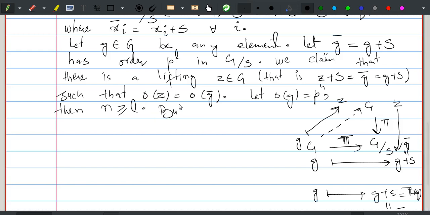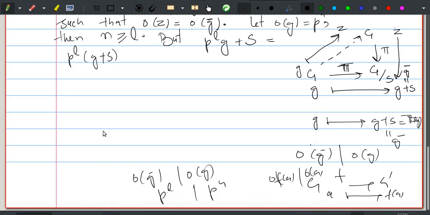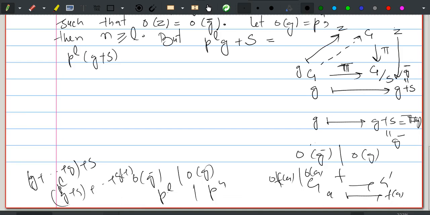Now if we look at this element p power L of G times S, this is the coset of S in G, so this is the same as p power L of G plus S. The reason being, this is G plus S plus so on plus G plus S, p power L times.